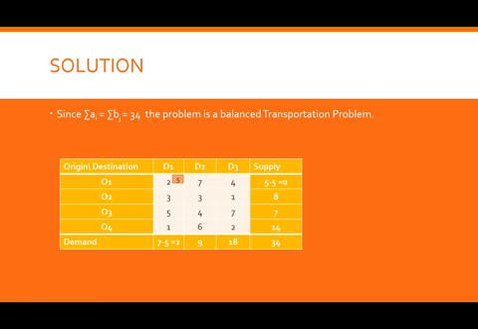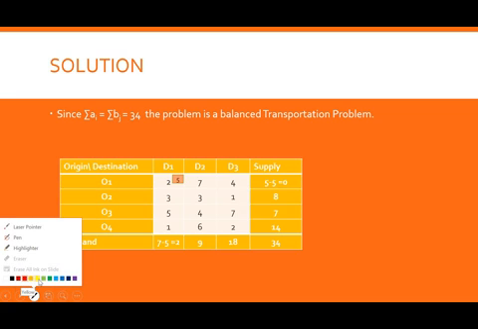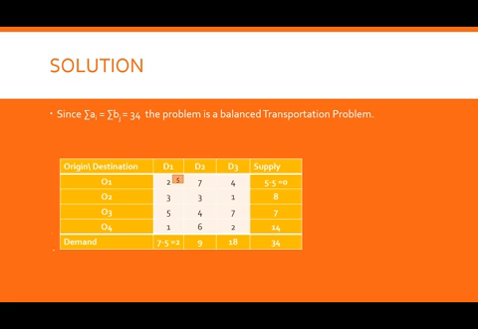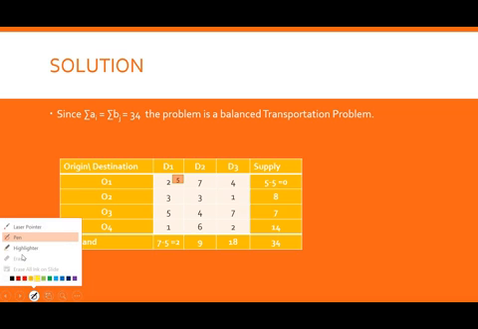So if at all I transported 5 units, the supply becomes 0. What about demand? Demand was 7. 7 minus 5 is equal to 2. Okay. So this row we need not touch again. Let me take a highlighter.